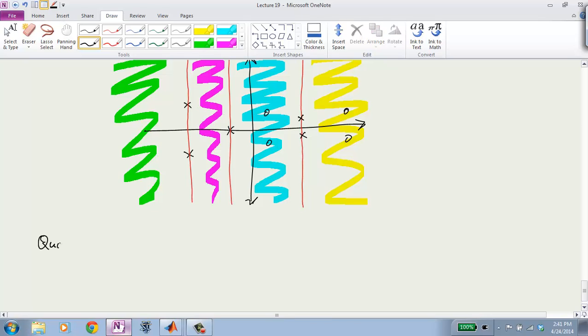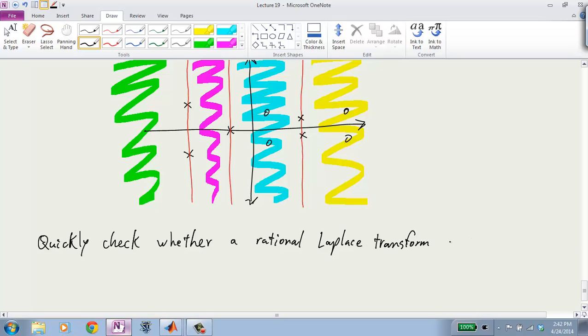you can quickly check whether a rational Laplace transform could be causal and stable together, right?